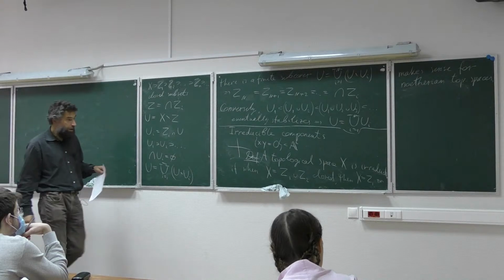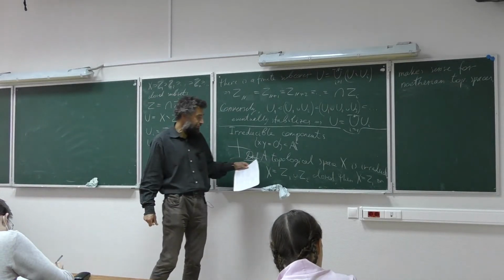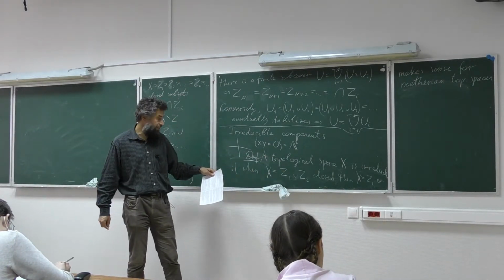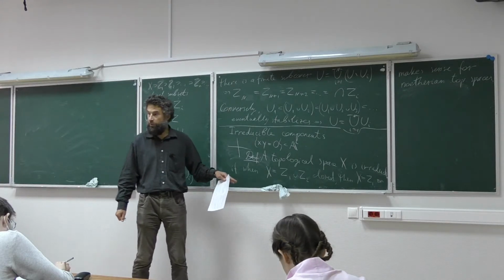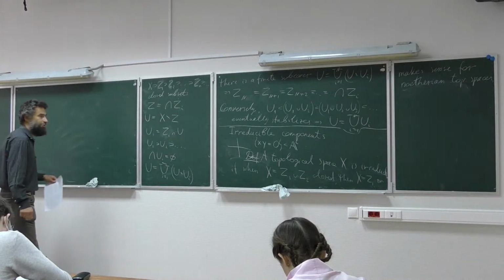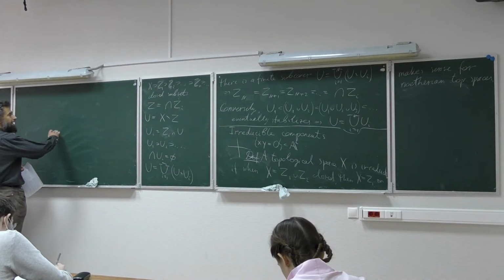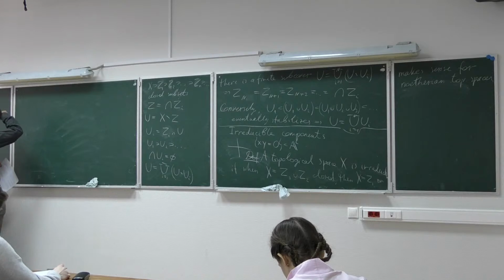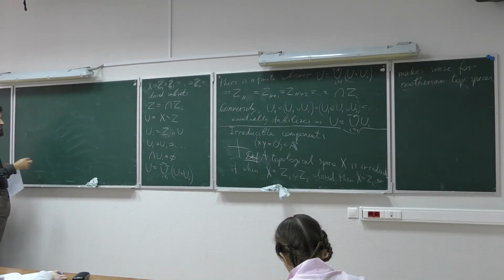No, you may, but you get nothing interesting. For the real line, the only irreducible subsets will be just points, nothing else. So it's an empty subject. But for algebraic varieties, it makes sense.